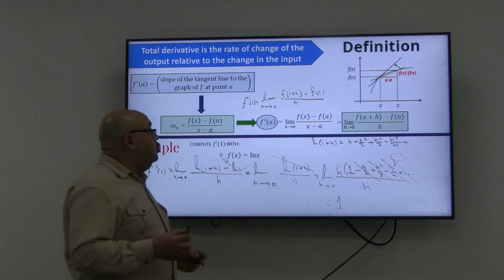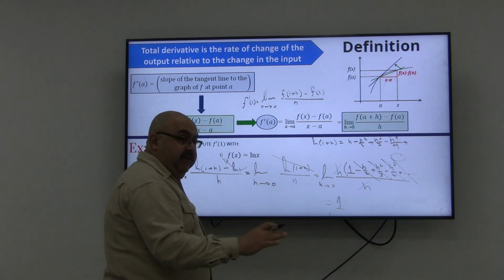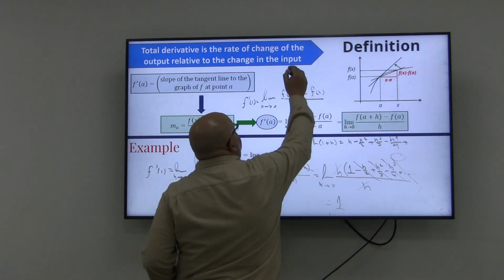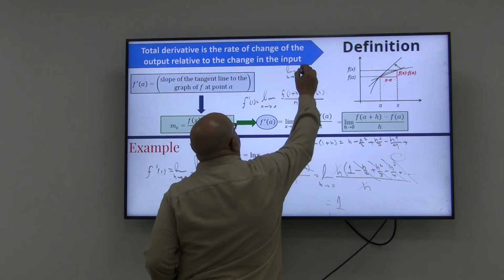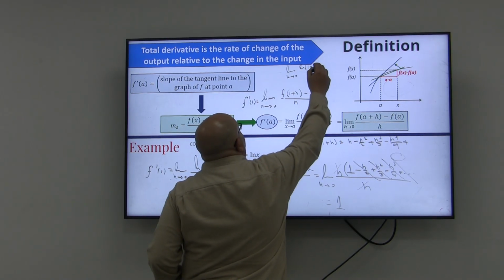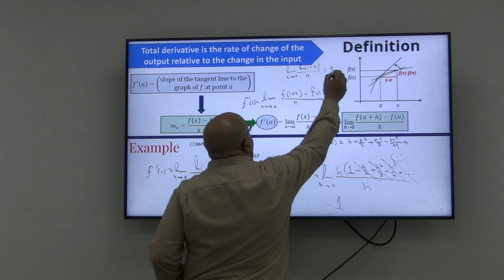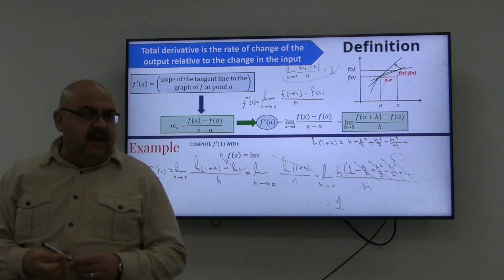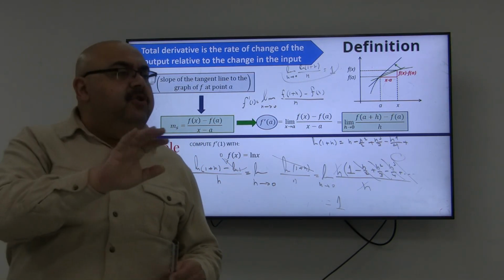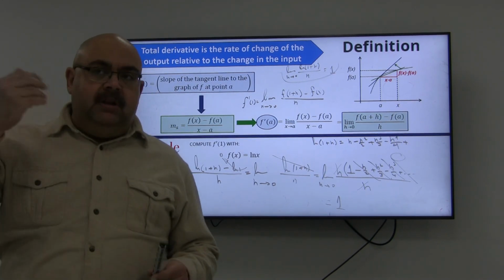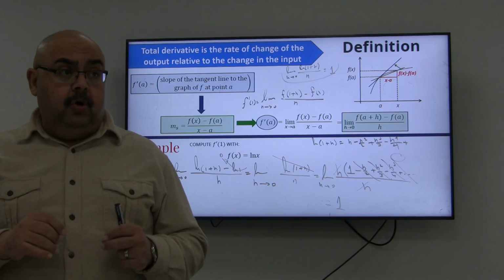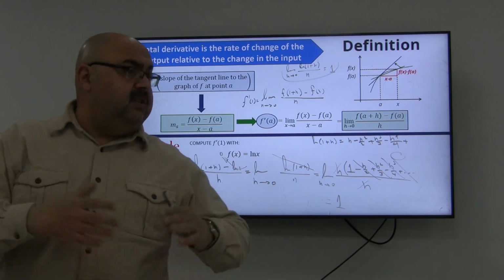Also, I want you to know, this is the general evaluation, but one of the famous laws of the limits is the limit of h tends to 0 of ln 1 plus h over h, it's equal to 1. This is as a law, or one of the famous problems that I can use its value, okay? We will need it down the road. But I wanted to go through why in this example it's equal to 1.